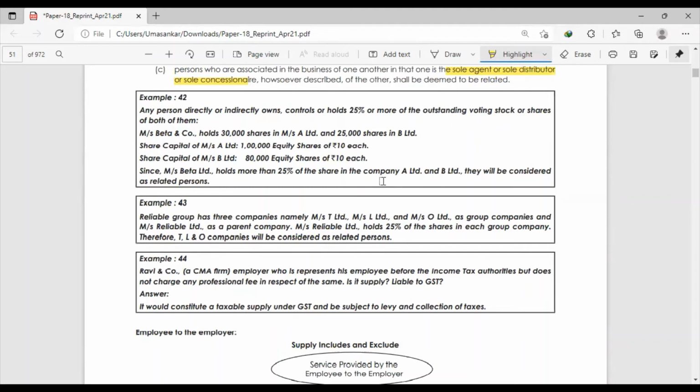Since MS Beta Limited holds 30%, which is more than 25%, in A Limited, and in B also 25,000 of 80,000 is more than 25%, so they both will be called related persons.